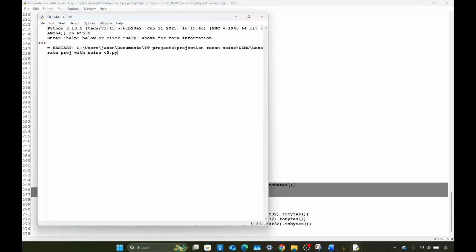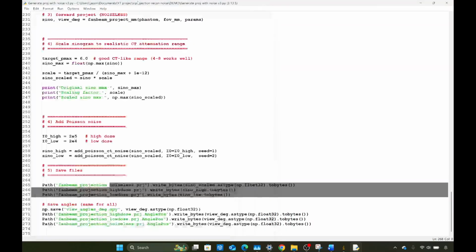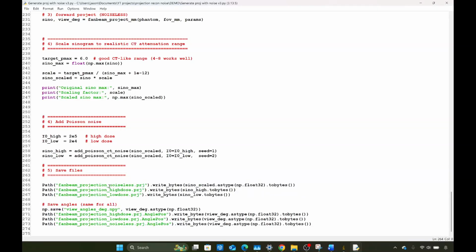Let's run it. The three projections correspond to the noiseless, which is the line integral and is also our ground truth, a high dose with a higher incident photon number, and a low dose with a lower incident photon number.